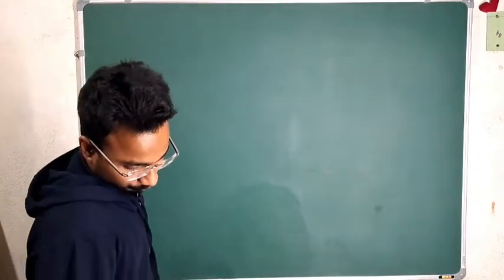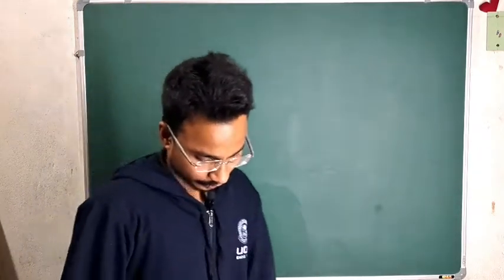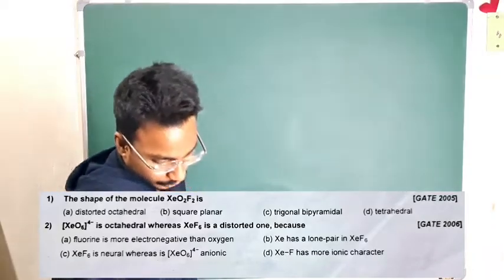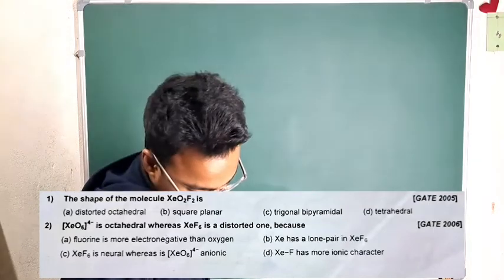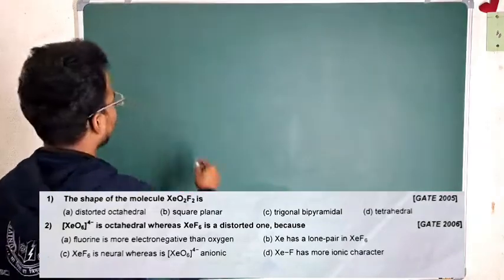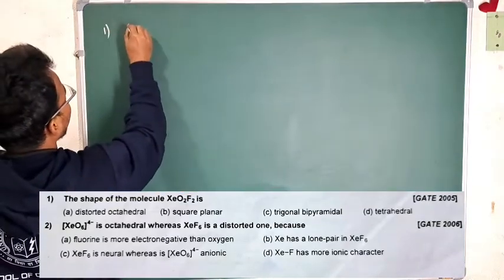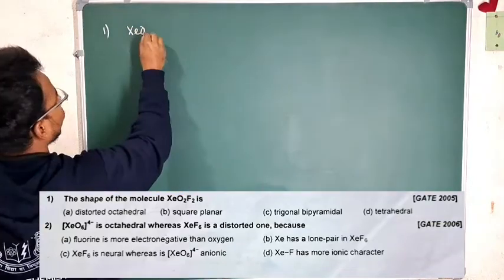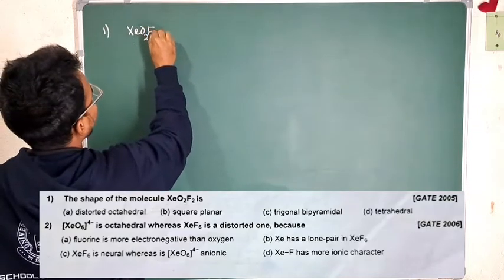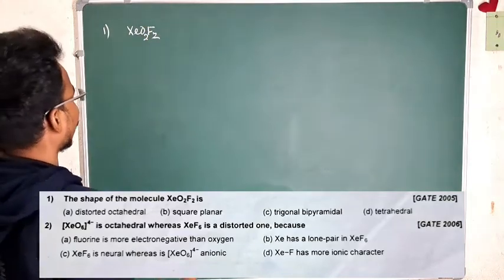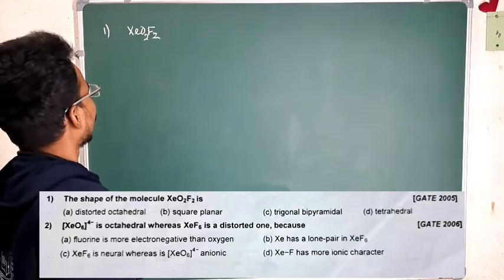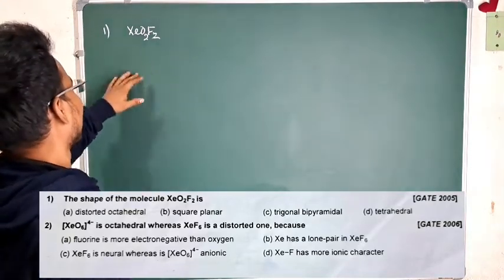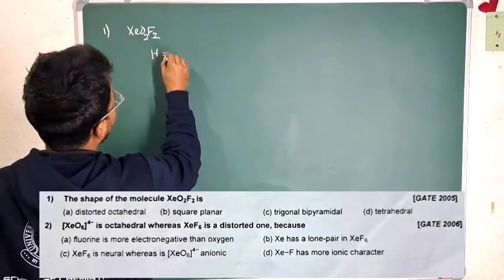So the first question is to evaluate the shape of the molecule. The molecule is HCO2F2. To know the shape of this molecule, we first have to calculate the hybridization.